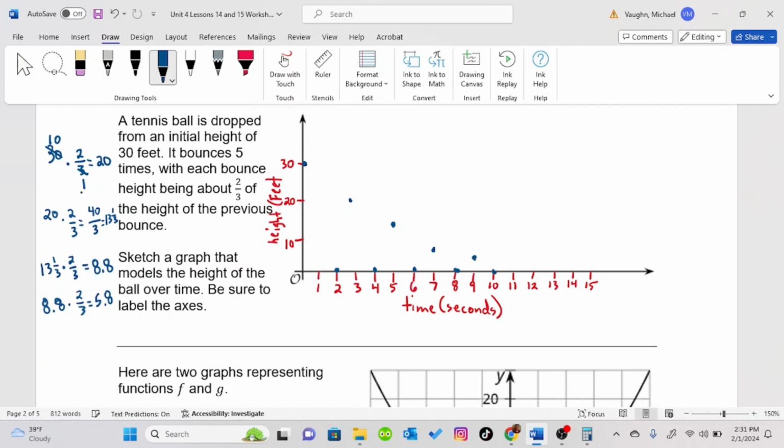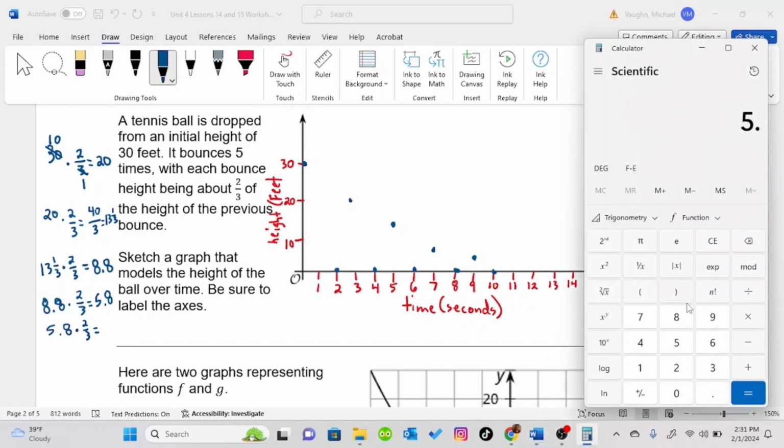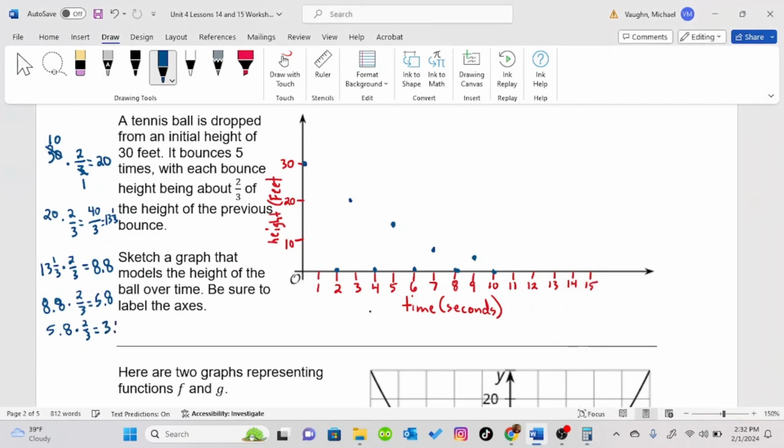It'll hit the ground and bounce a fifth time. 5.8 times 2/3 is approximately 3.8. So we'll put our last point for the bounce there, and then we'll say it hits the ground and it rolls to a stop.